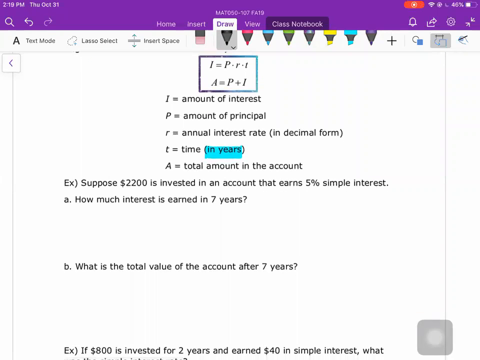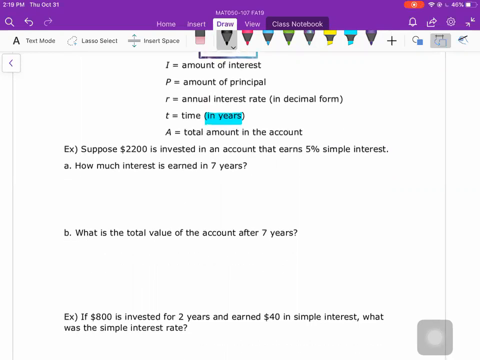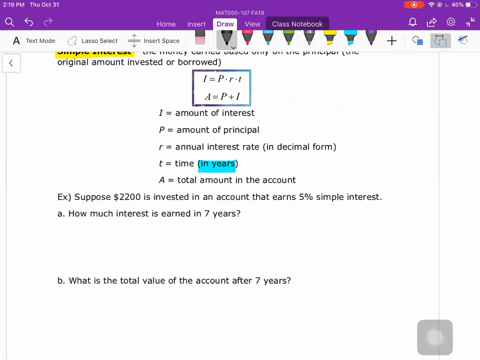So here's some examples. Suppose that we invest $2,200 into an account that earns 5% simple interest. How much interest is earned after 7 years? So our equations, the first equation, I equals PRT, gives us the formula for calculating interest. P is our principal.